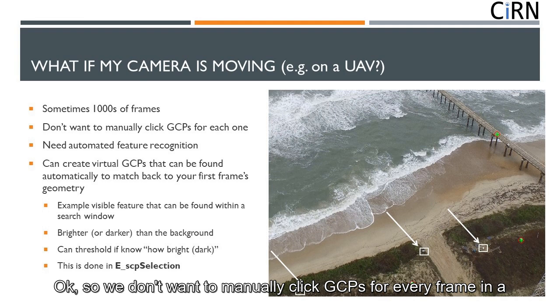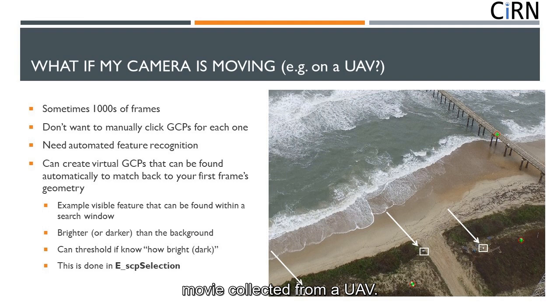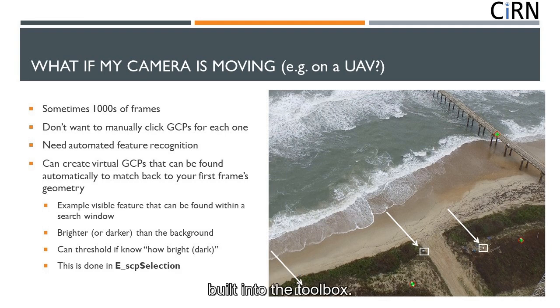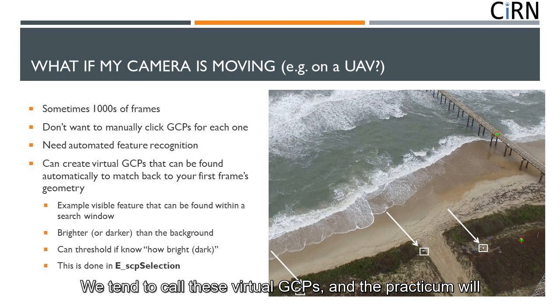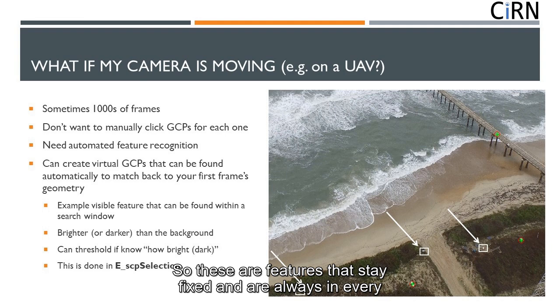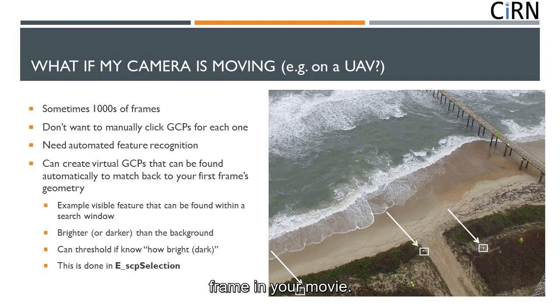So we don't want to manually click GCPs for every frame in a movie collected from a UAV. So there are some automated feature recognition algorithms built into the toolbox. We tend to call these virtual GCPs, and the practicum will walk you through how to find them. So these are features that stay fixed and are always in every frame in your movie.